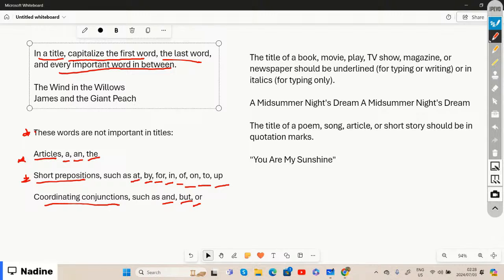All right. So now, if we were to format titles, right, then the title of a book, a movie, a play, a TV show, a magazine, or a newspaper should be either underlined, that is for typing or for writing, or in italics, that is if you are typing only.